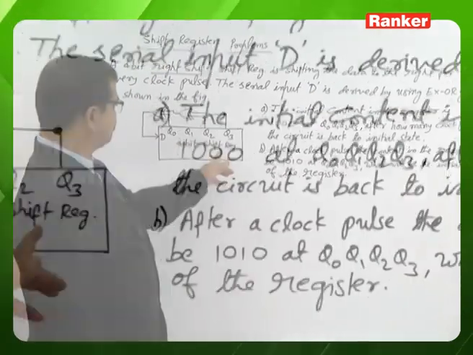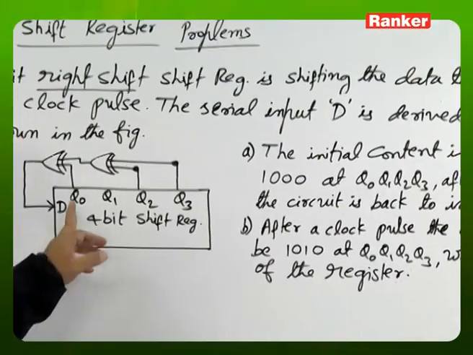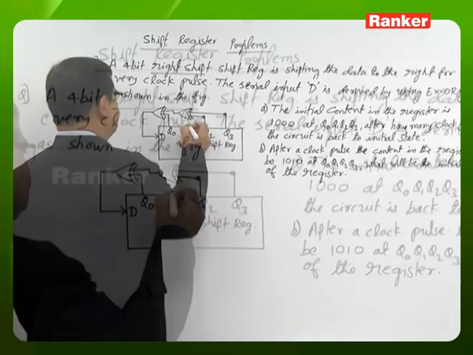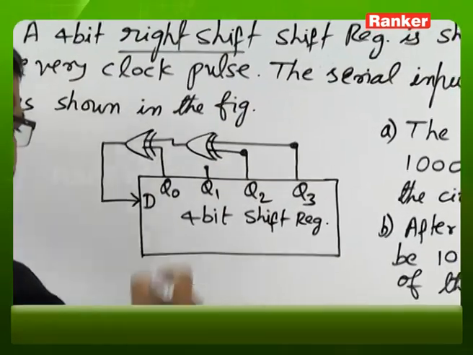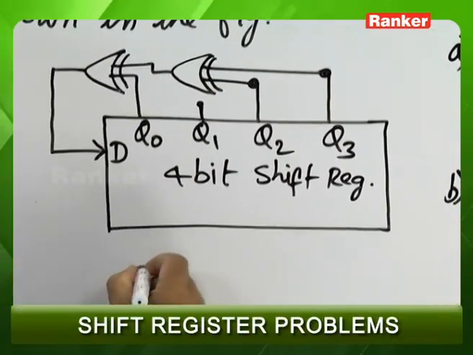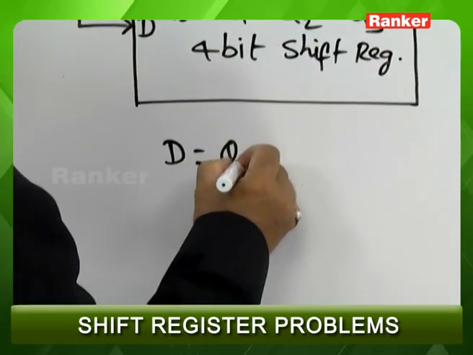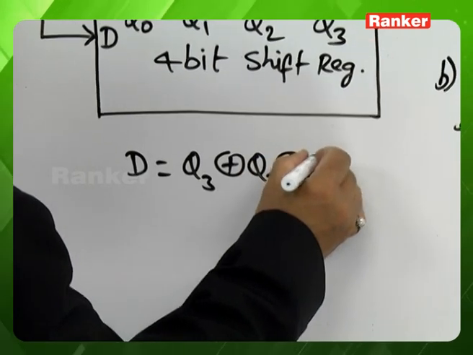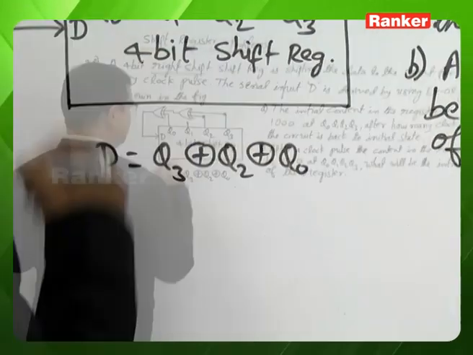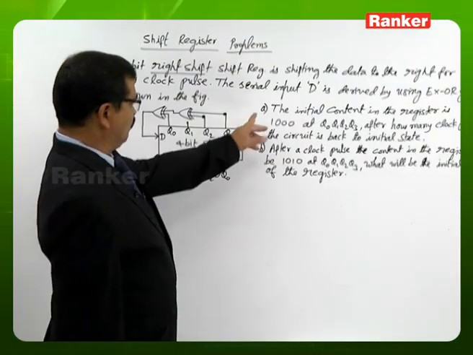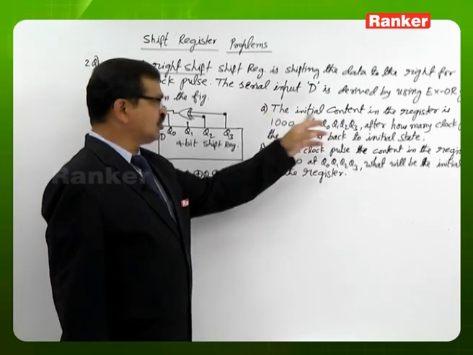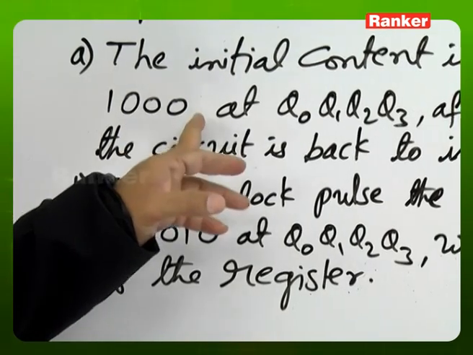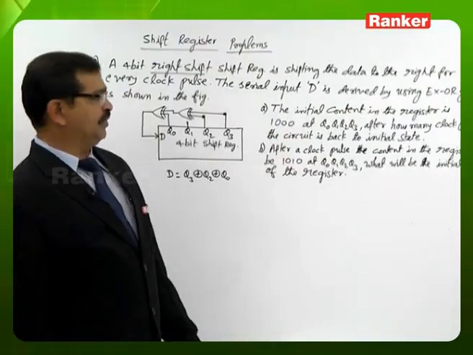So it is a 4-bit shift register, serial input D, which is derived by using these exclusive OR gates, so that you can read the D input as nothing but the exclusive OR between Q3, Q2 and Q0. The initial content in the register is 1000 at Q0, Q1, Q2, Q3.